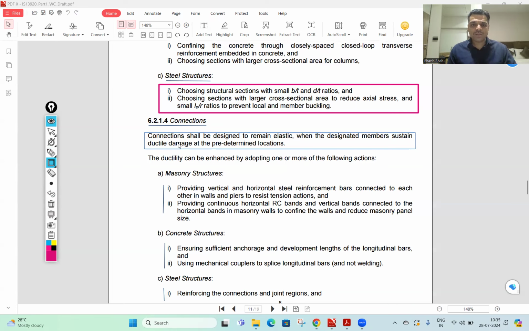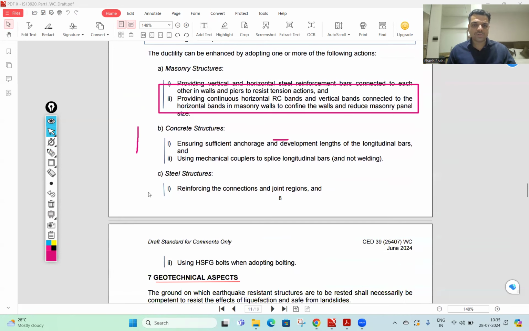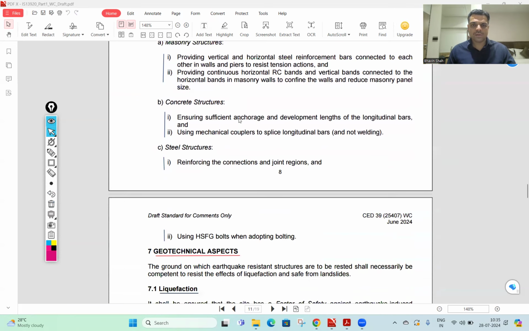The connections we discussed just before that shall be designed to remain elastic when the designated members sustain ductile damage at the predetermined locations. So for the concrete structures, ensuring sufficient anchorage and development length of the longitudinal bars, that's the way we can make the connections elastic, and using mechanical couplers to splice longitudinal bars.